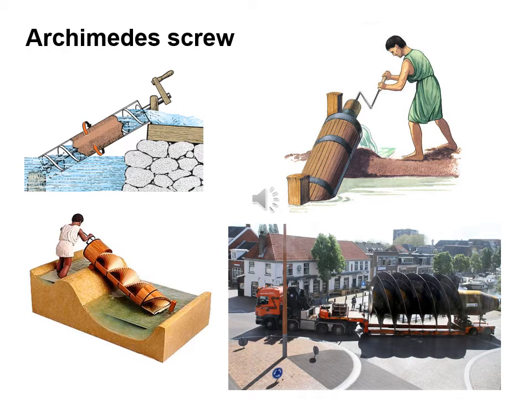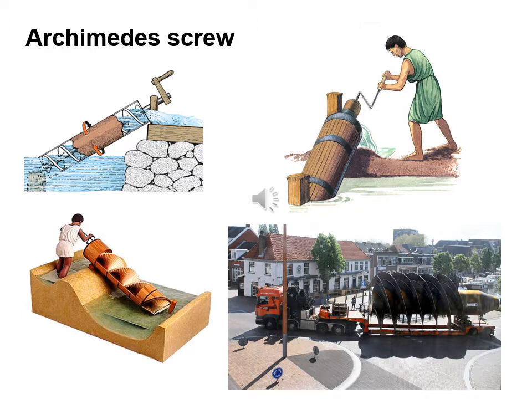Here we can see some early artist impressions of Archimedes' screws. You can see the function of this and how it was used to lift water from possibly a river into an irrigation channel for agricultural farming.